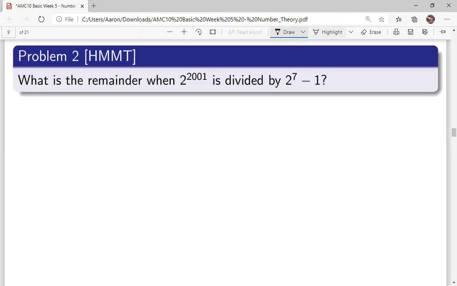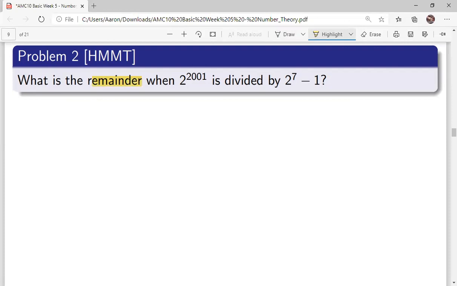You want to find the remainder when 2 to the 2001 is divided by 2 to the 7th minus 1. One important thing to notice here is that 2 to the 7th is congruent to 1 mod 2 to the 7th minus 1.